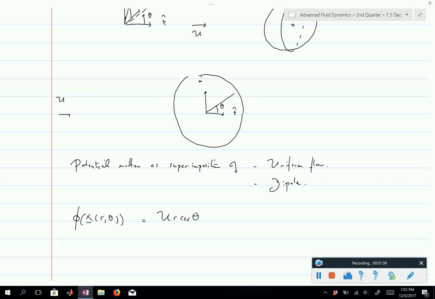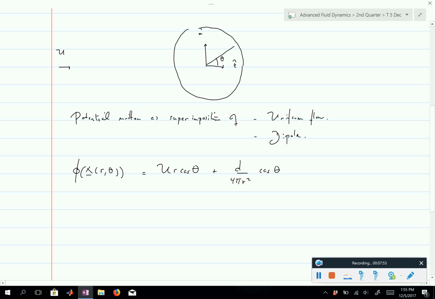Plus a dipole, and a dipole of strength d has a potential of d divided by 4 pi r squared cosine theta. So this is the potential associated to a velocity field where you have a uniform flow and a dipole at the origin.